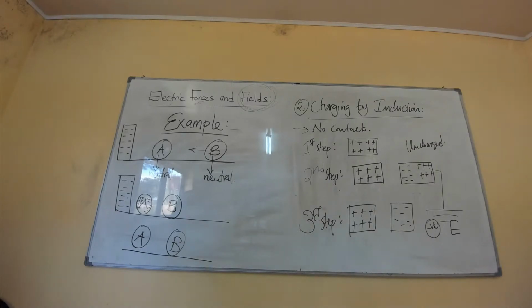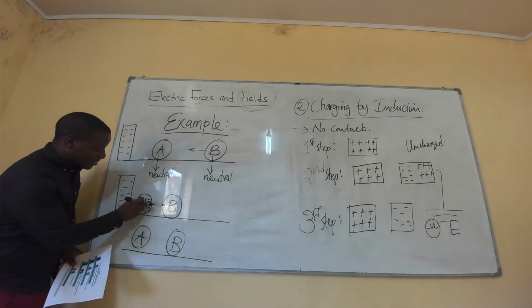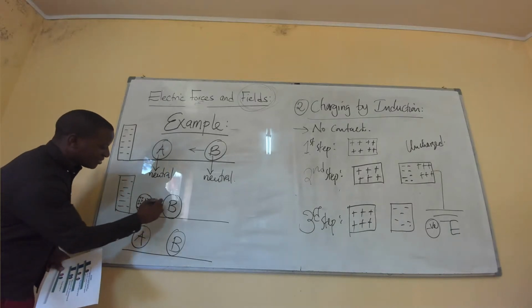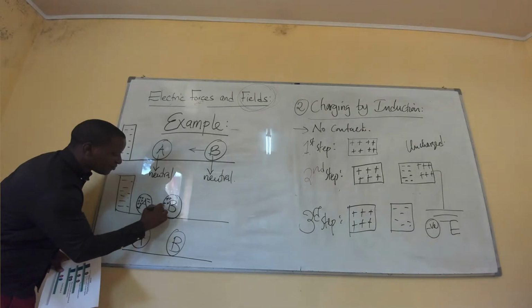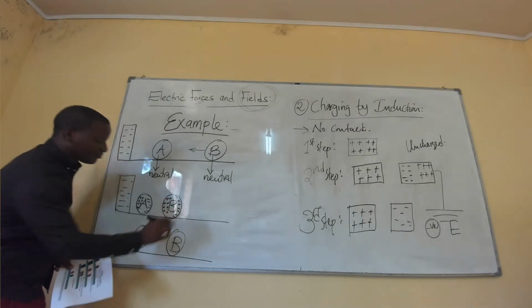Then, from there, B is also coming close. When this is negative, it means that this side will have some positives, and this side will have some negatives.